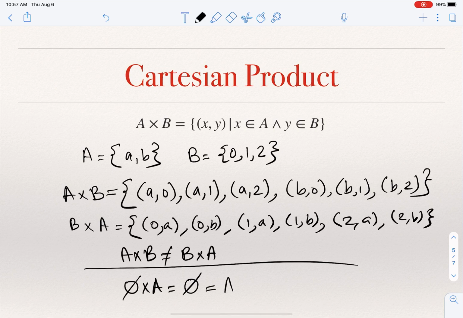And this is the same as A times the empty set as well. So the Cartesian product of an empty set with any set is always the empty set. Okay? And these are the central operations that we usually deal with, but we can define any operations we want by taking combinations of unions and intersections and so on.